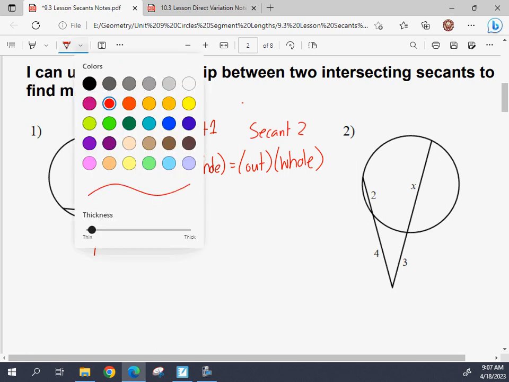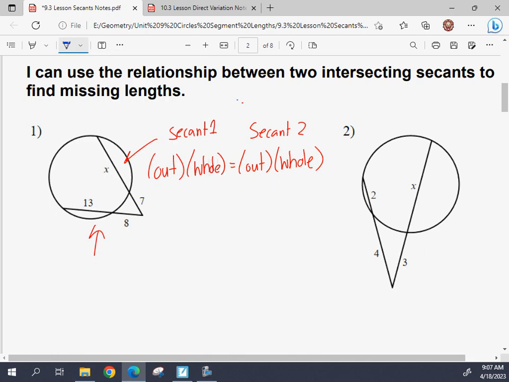So in this example, the outside piece for this first one is here. It's 7. And the whole thing is this outside piece plus the inside. So it's important to note that the whole length is equal to the outside plus the inside.